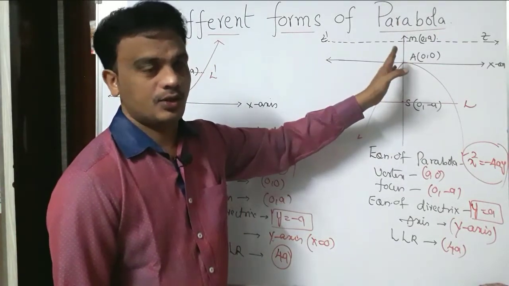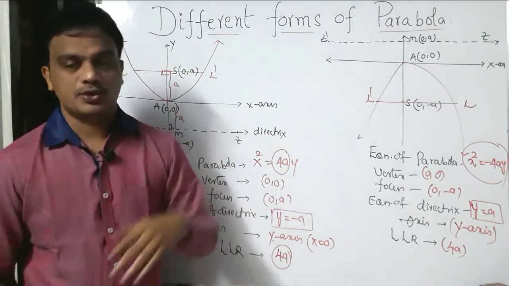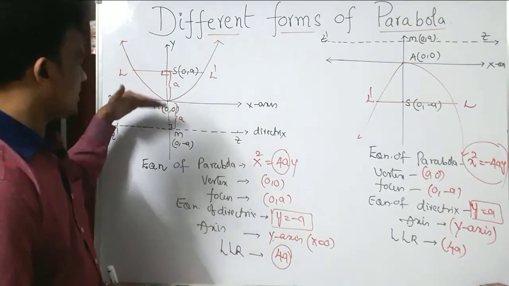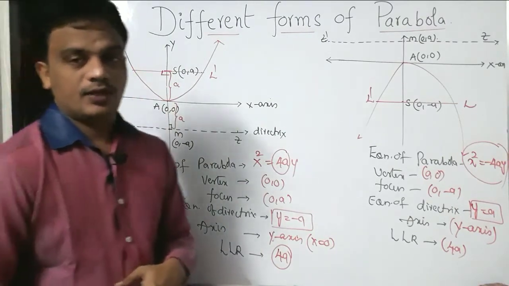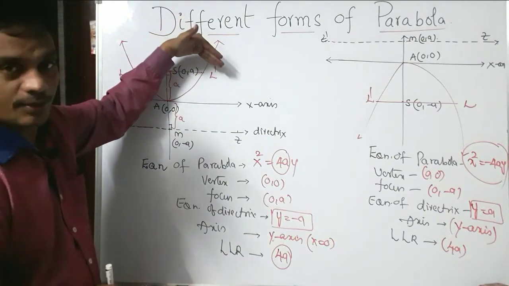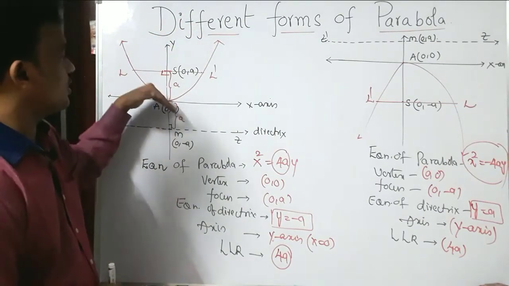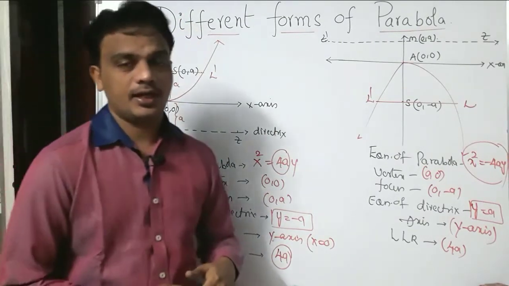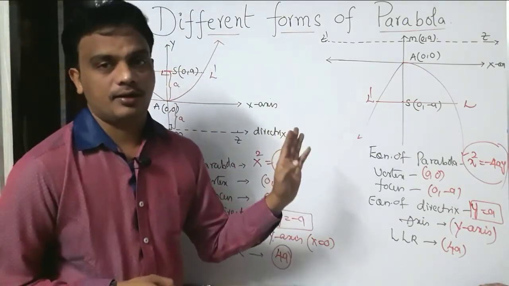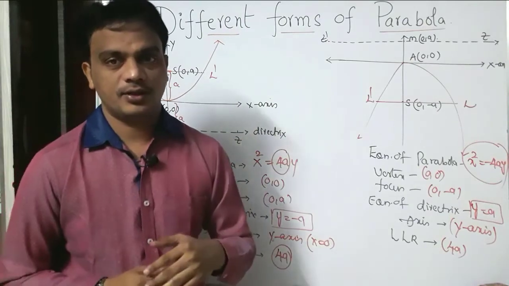Am I right? So for all these four, the next thing we are going to see is if the vertex is not 0, 0. I mean, if the origin is shifted to some other point h, k, in that case, what are the equations of the parabola? Understood my point? Yes, let us see what those are.